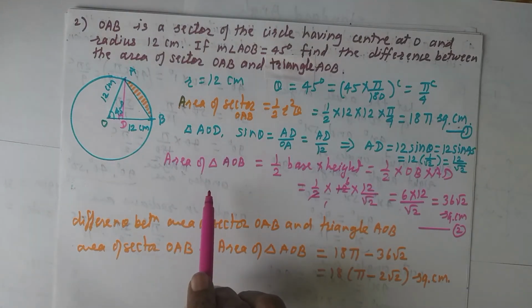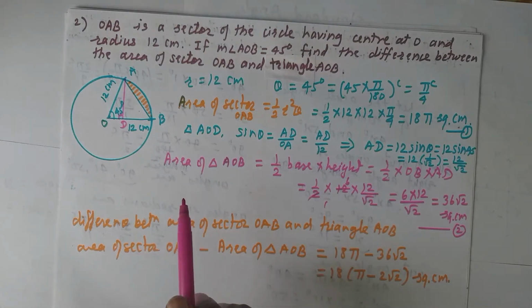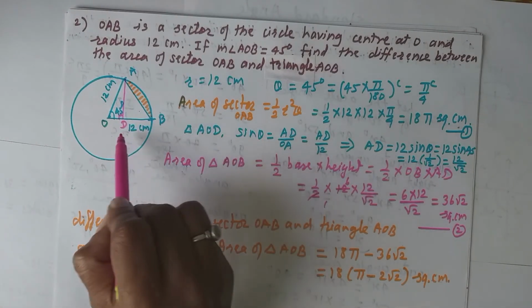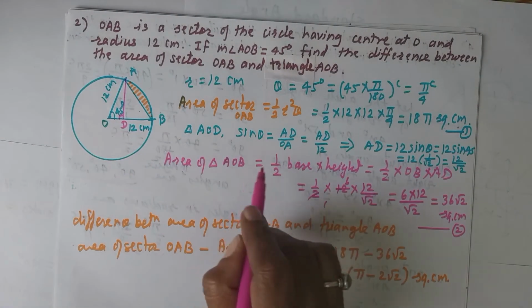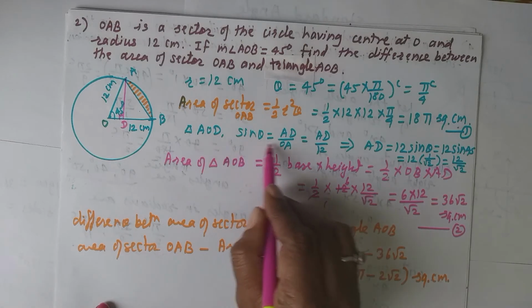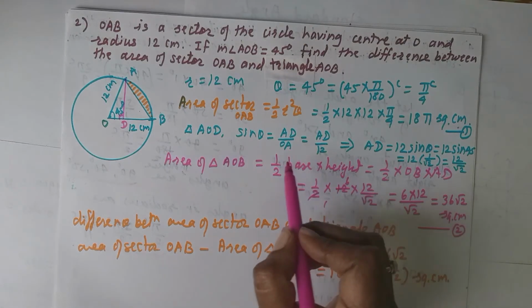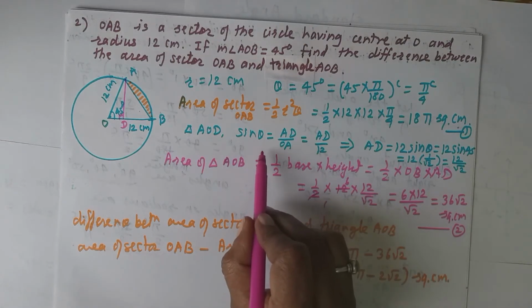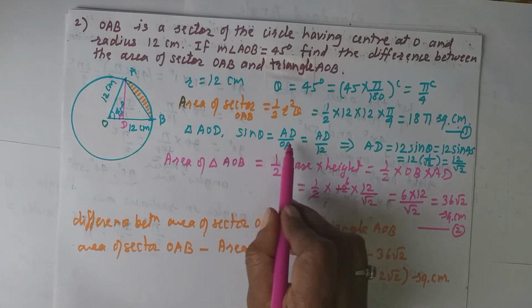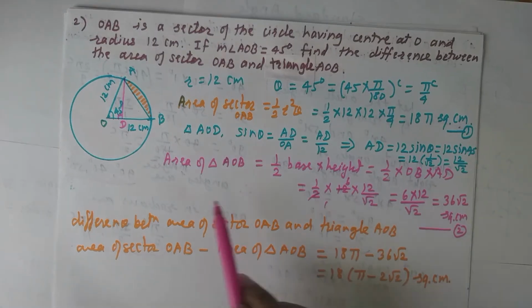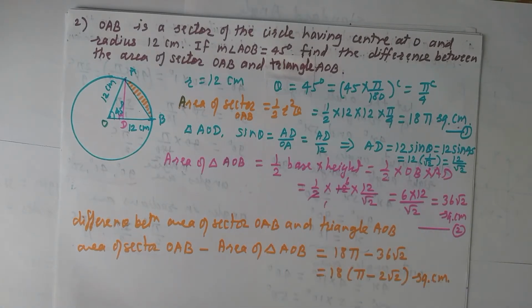If the height of the triangle is not given, draw a perpendicular from any vertex to the opposite side and use the trigonometry formula, find sin theta, and then I will get the height AD. Keep the value of that height AD and you will find the area of triangle. In this way, it is very simple.